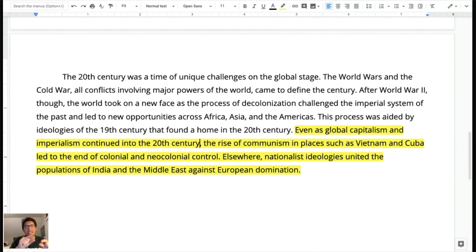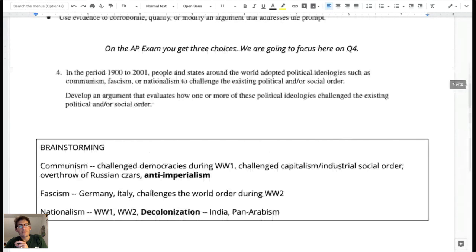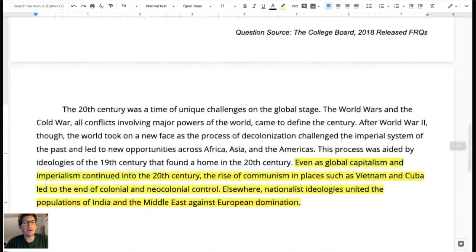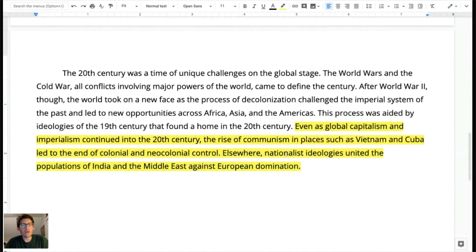So I'm connecting the ideology to the challenge to the existing political order. And then elsewhere, nationalist ideologies united populations in India, maybe like a social political change, and the Middle East against European domination. So that is going to be the crux of my argument.